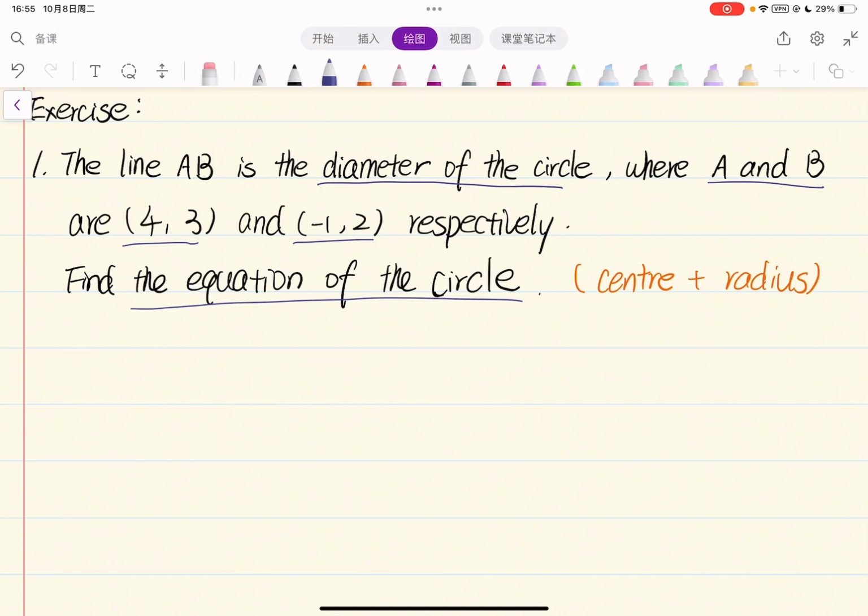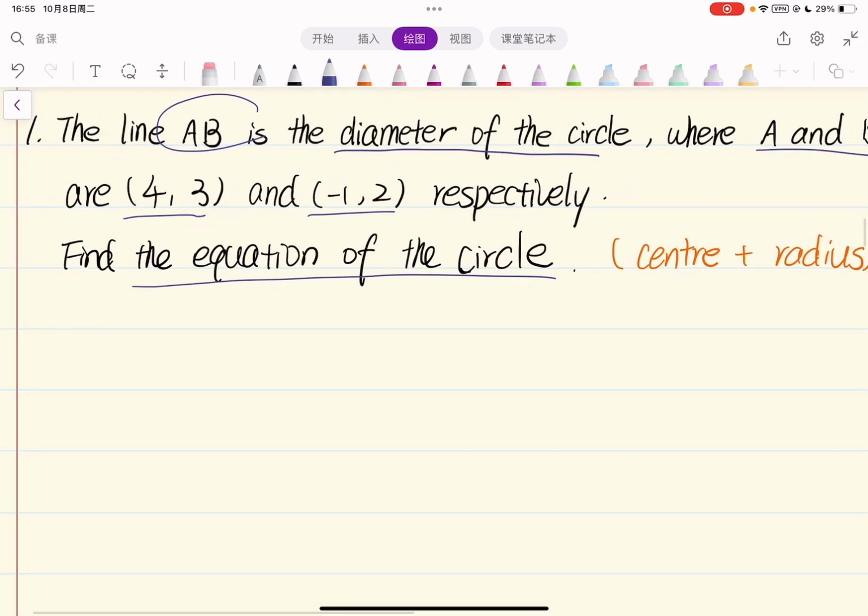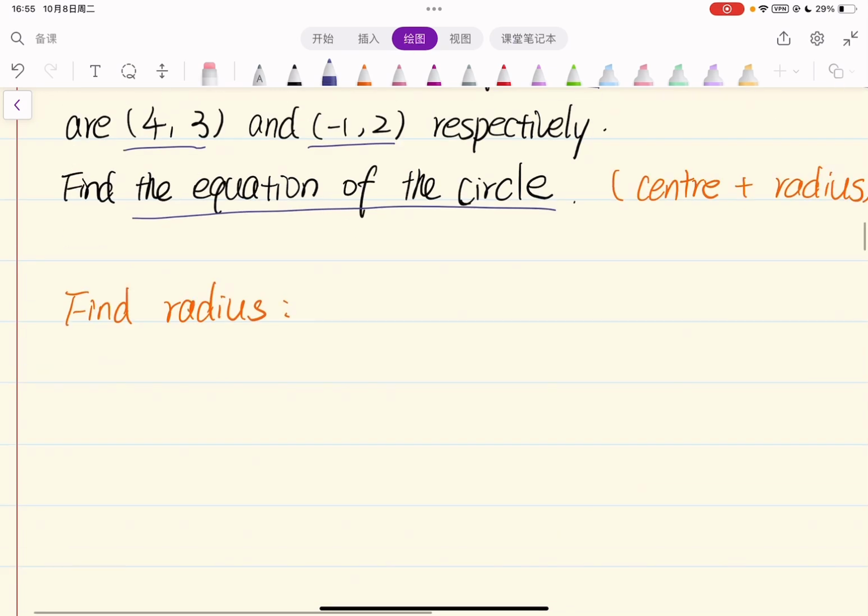Since AB is the diameter of the circle and it gives you the coordinates of A and B, we can find the length of AB. And half of this length is the radius. So first find the radius.